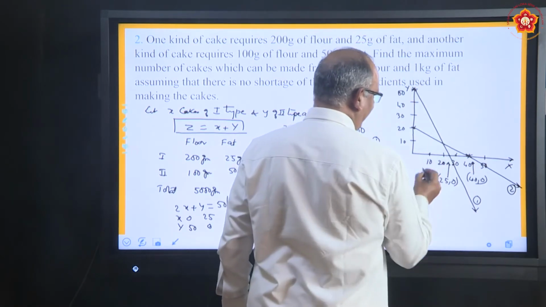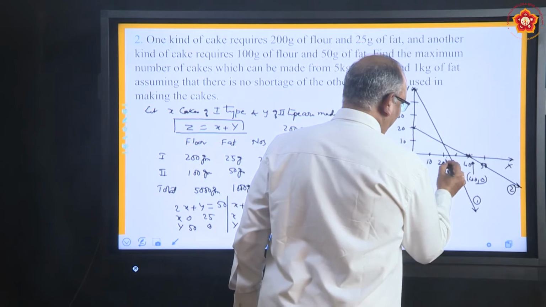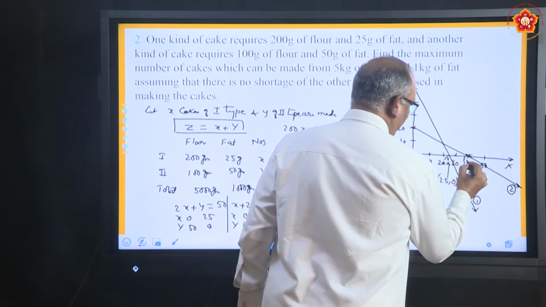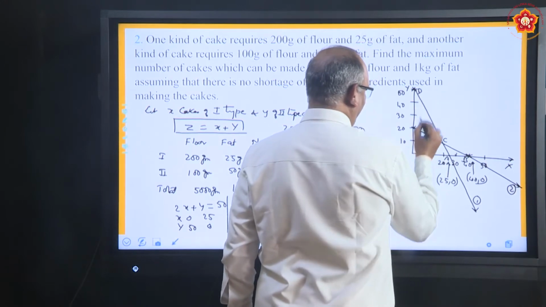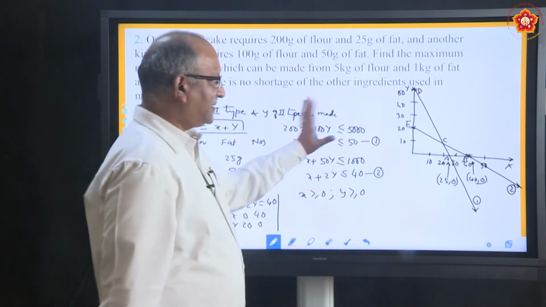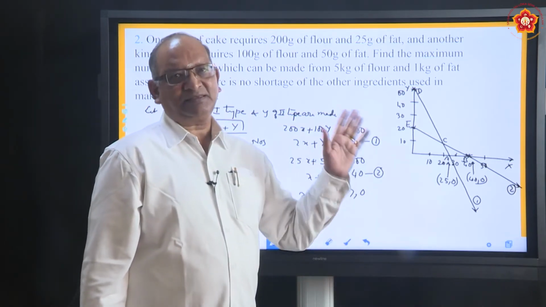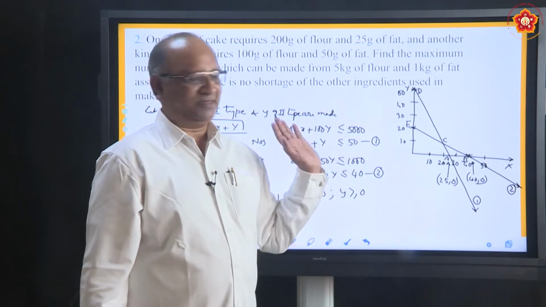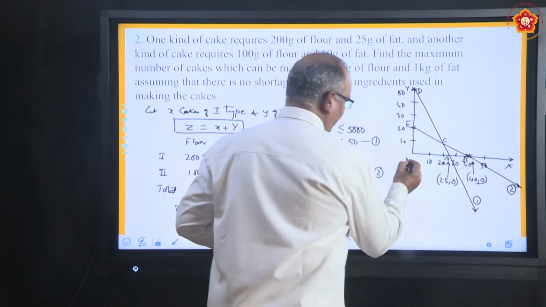Then this is another point where they are meeting each other. Let us say we call this A, we call this B, we call this C, we call this D, we call this E. These are the points where x axis, y axis are meeting these two lines. Okay. So, this is anyway origin.